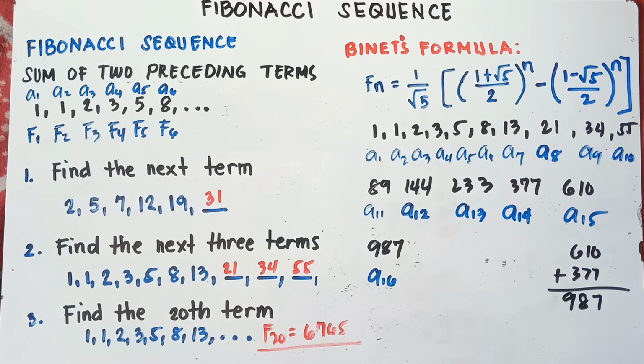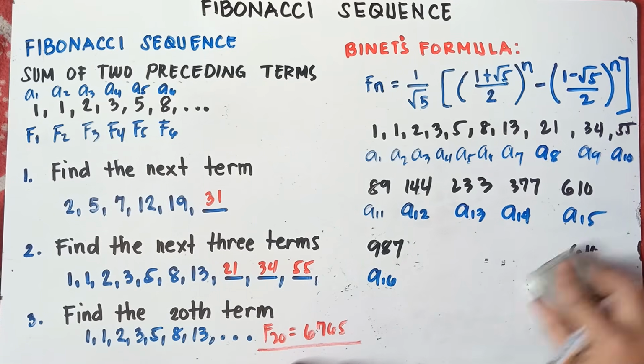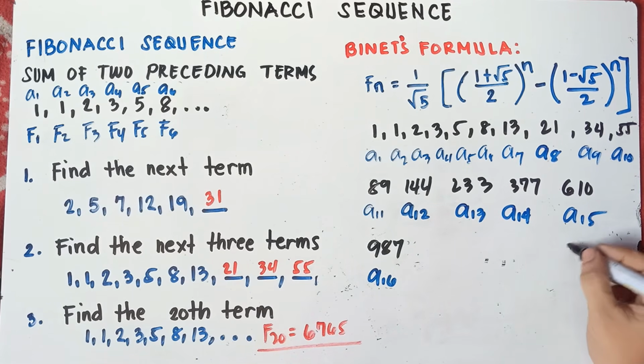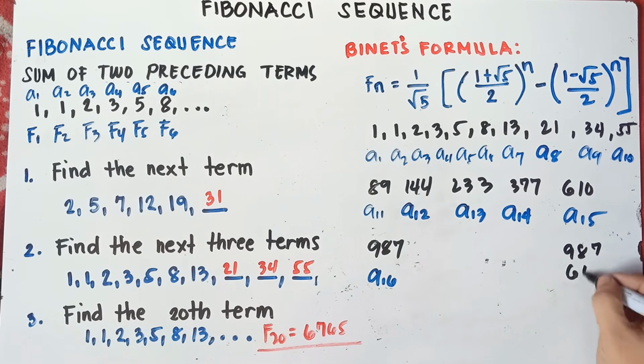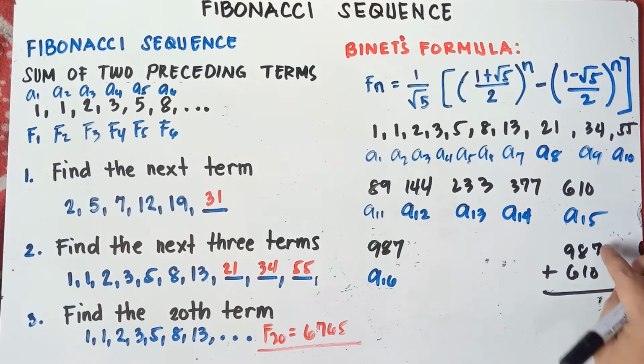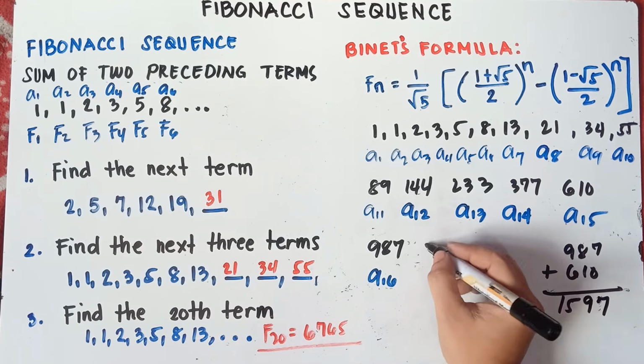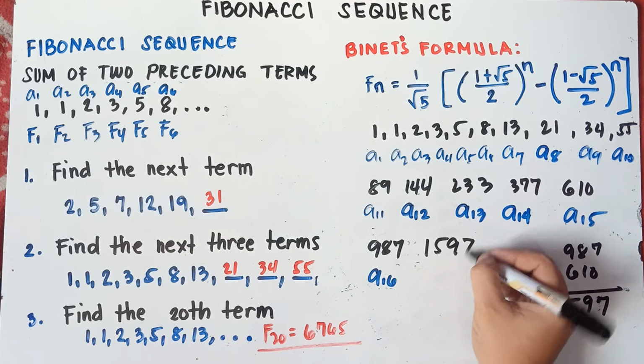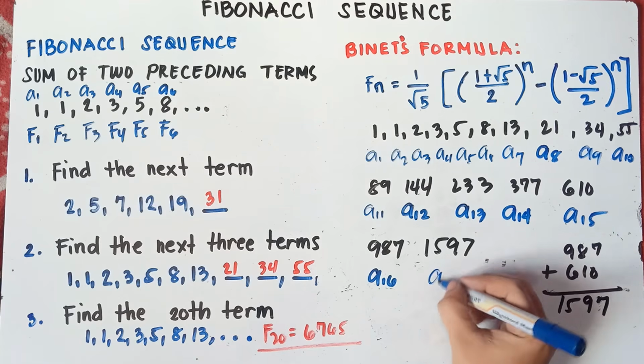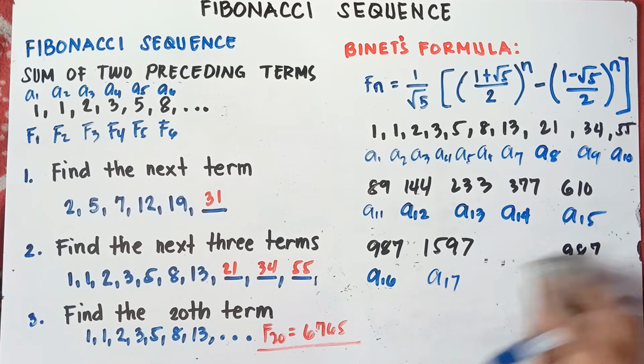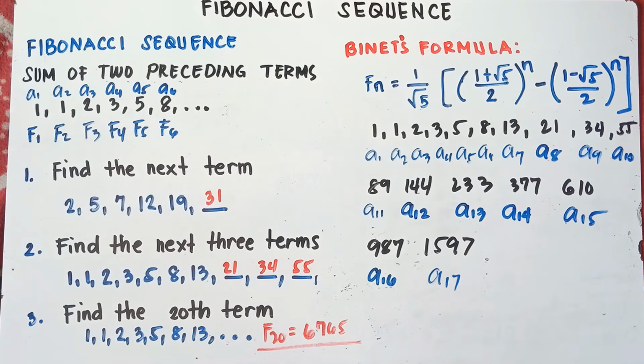Alright, 987 plus 610. So 7 plus 0 is 7. 8 plus 1 is 9. 9 plus 6 is 15. So 1597, that is the 17th term. We're almost done. So the last 3.